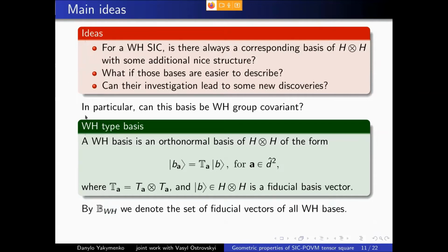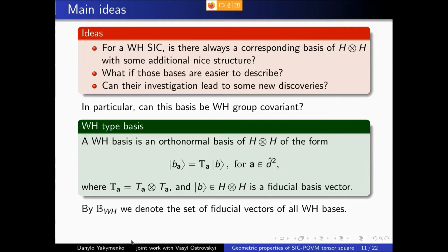In particular, we will be interested in what we call a Weyl-Heisenberg group covariant basis, right? So just by analogy, we define a WH basis if it's an orthonormal basis of H tensor H that has this form, right? So it just comes from some fiducial basis vector, right?